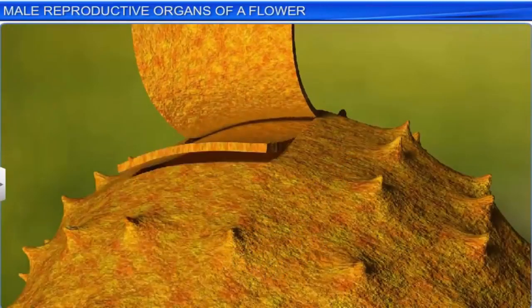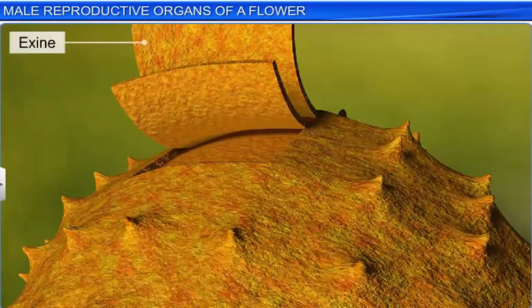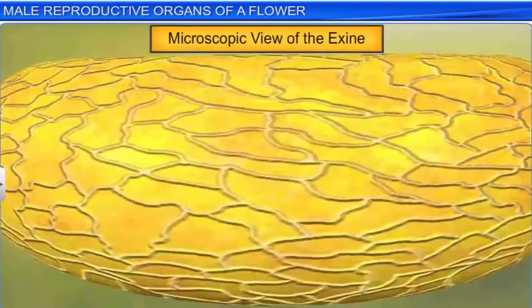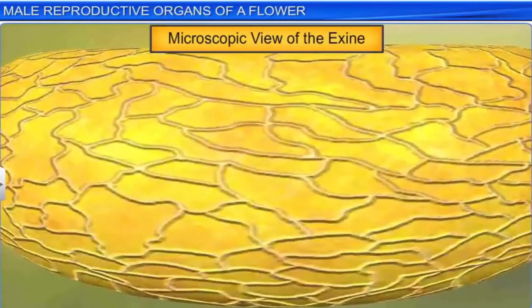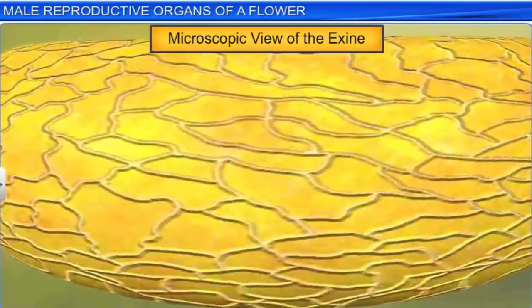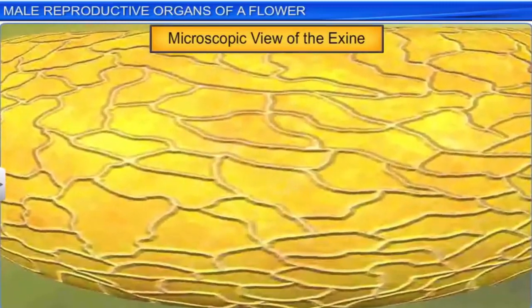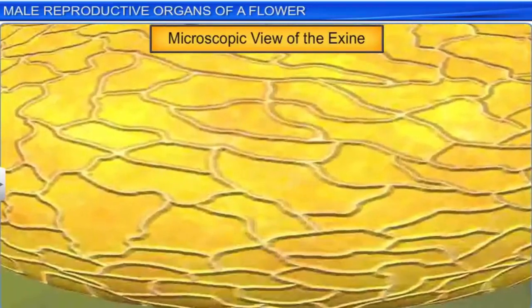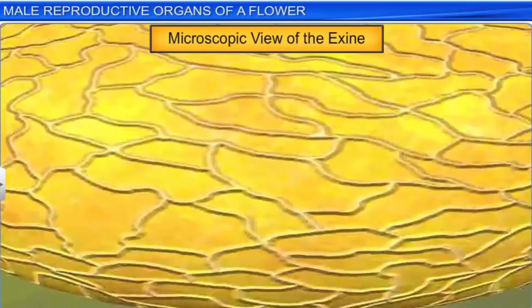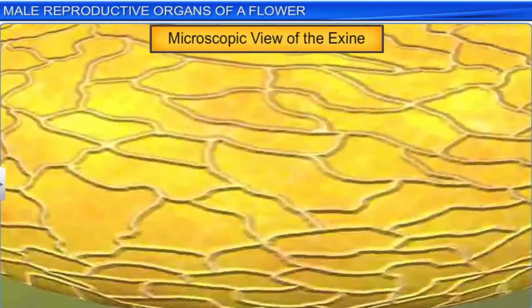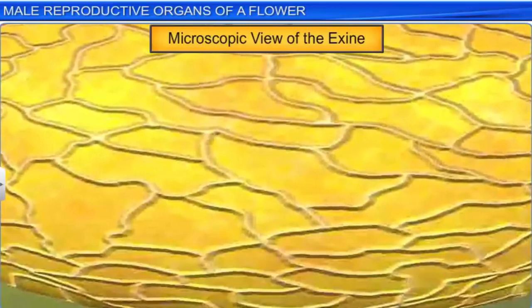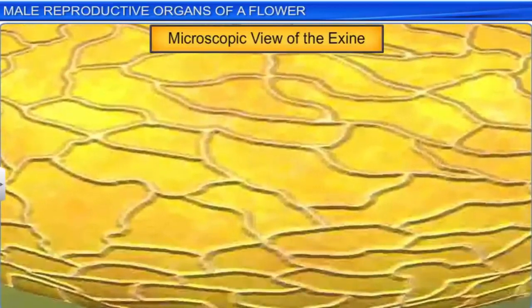It is surrounded by two layers of wall, exine and intine. Exine, the hard outer layer, is made up of sporopollenin, a tough organic material capable of resisting high temperatures and strong acids, alkalis, and all natural enzymes. Hence, pollen can be well preserved as fossils.